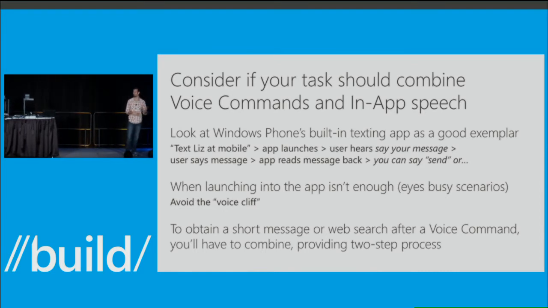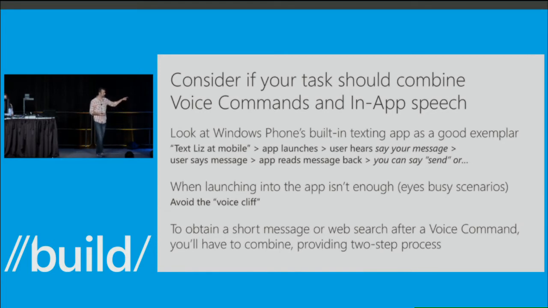Text Liz Moore launches the app, taking the user into the app, and then immediately the in-app speech capability takes over and says, say your message, asks for input, and allows the user to send or append. You can imagine it may be awkward if you're running to your car and you say text Liz Moore, and then all of a sudden you're taken into the app and expected to stop and type. This is what we call a voice cliff.